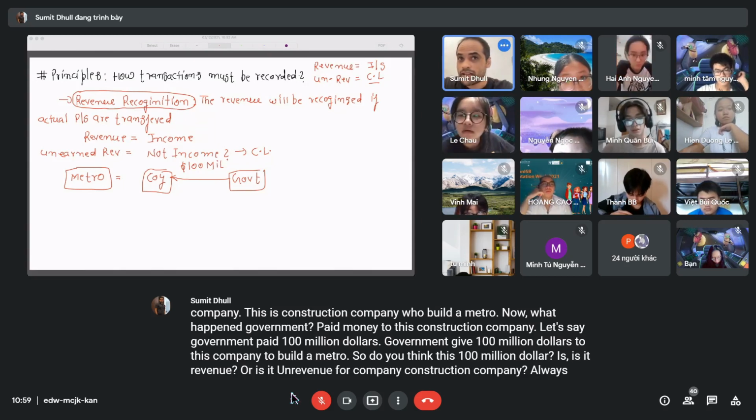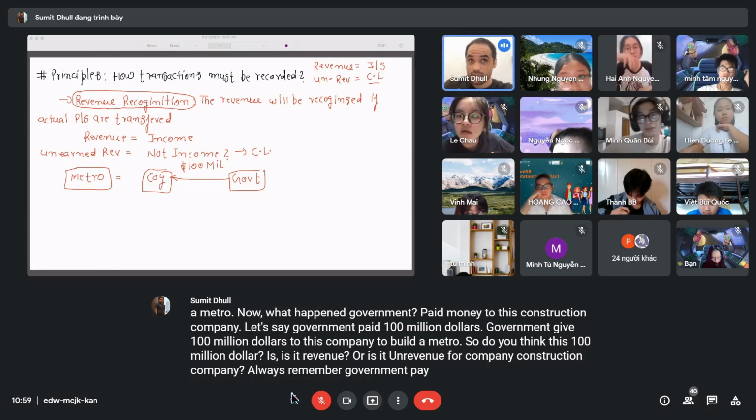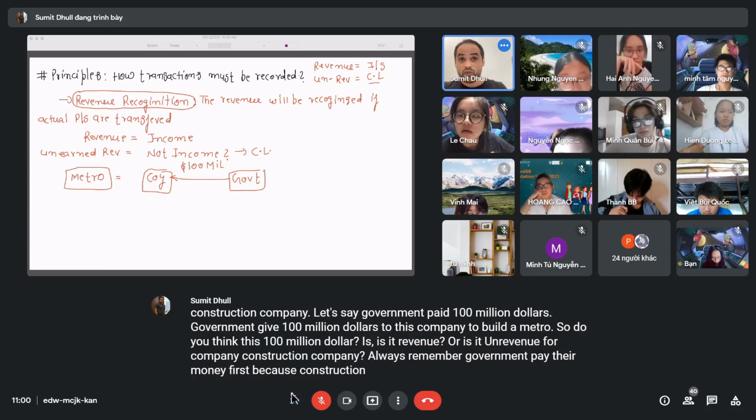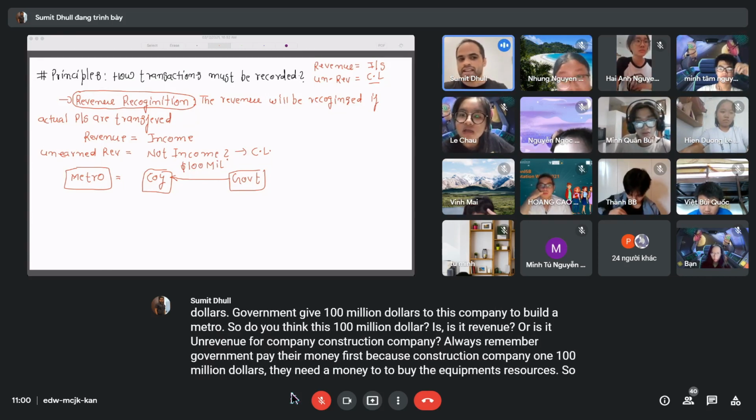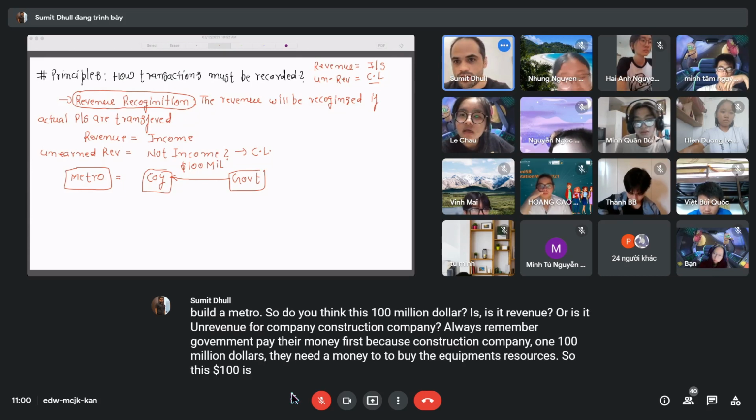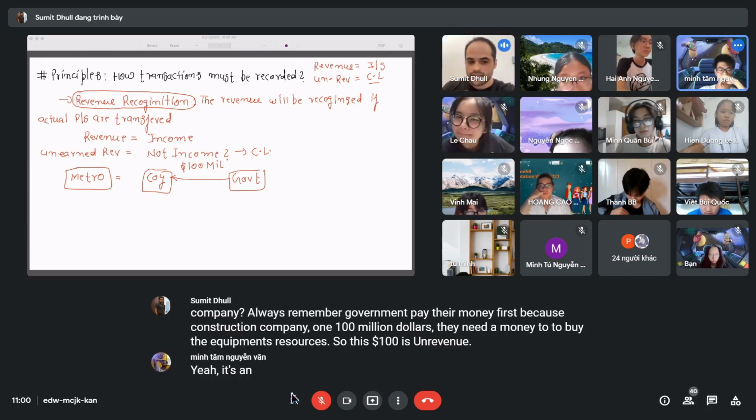Always remember, the government pays them money first because they need money to buy equipment and resources. So this $100 million is unearned revenue for this company, right?